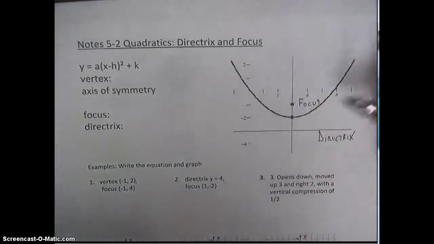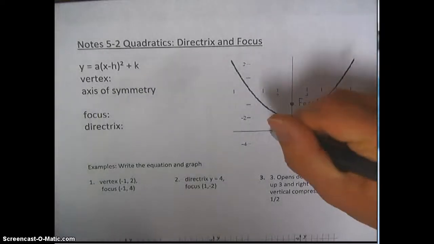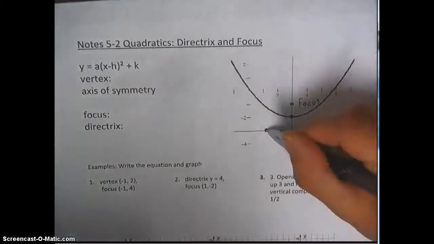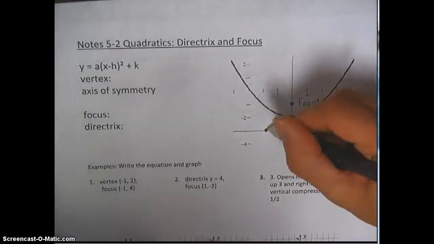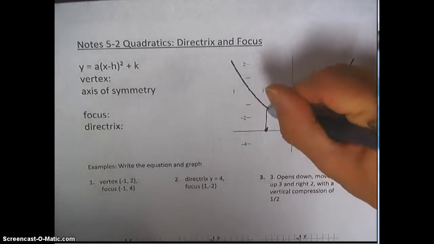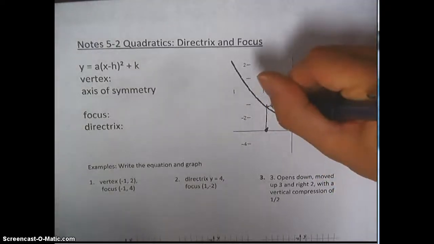So let's say you take any point on this directrix and you draw a line to the parabola. And then you draw another line to the focus.